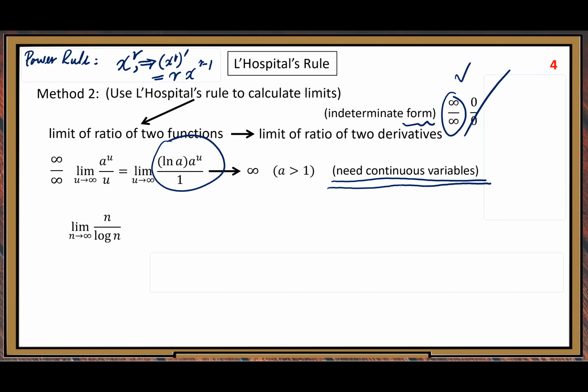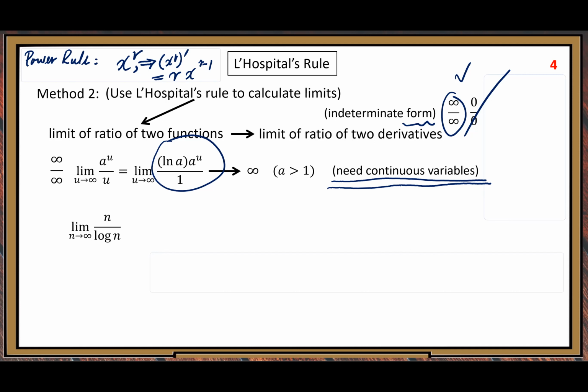So by the condition, we can apply L'Hopital's rule. But there is another important question you need to be aware of before you apply L'Hopital's rule. So what's that?